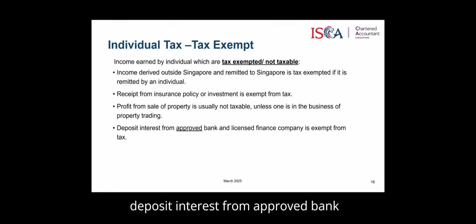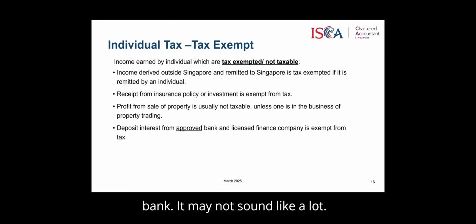Lastly, deposit interest from approved banks and licensed finance companies is also exempt from tax. One common way to understand this is that typically when you place a deposit or have a bank account with a local bank, such as DBS or OCBC, these banks in Singapore will provide a return, right, in the form of interest based on the amount of accumulated deposit you have with the bank.